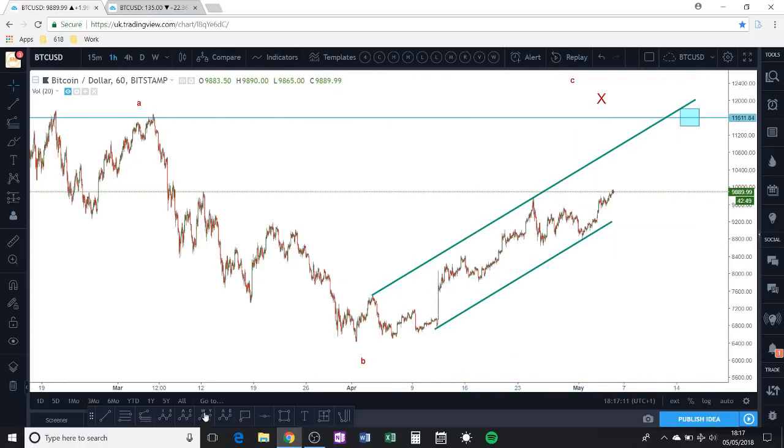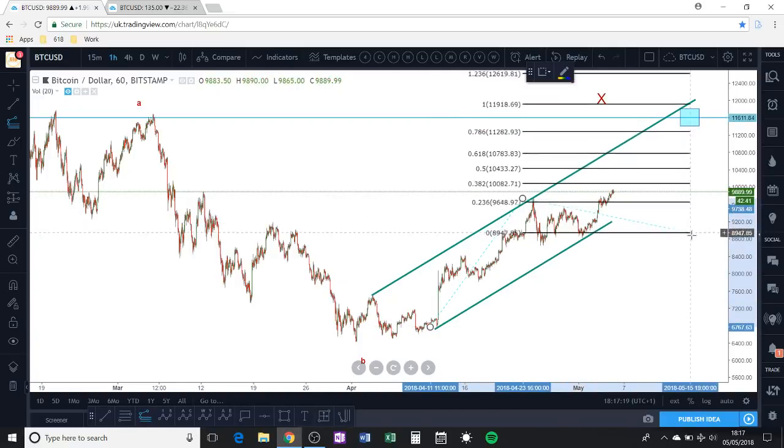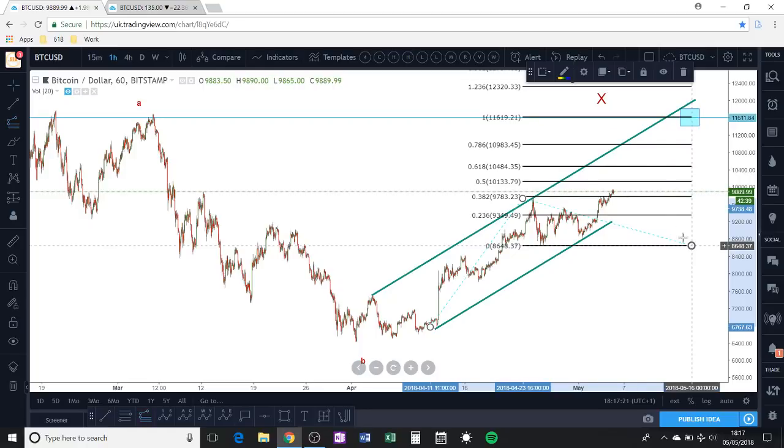But often we see a wave 3 Fibonacci relationship. So if that's our wave 3, extend that from the bottom of wave 4, and now you can see there's a one-to-one relationship with wave 3 at the 11,600 level, which would hit the top of this trend line very, very nicely.